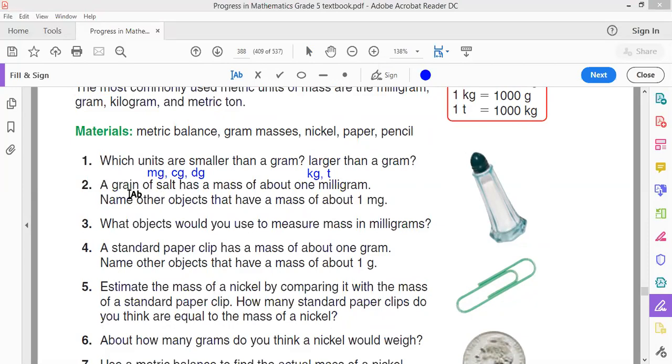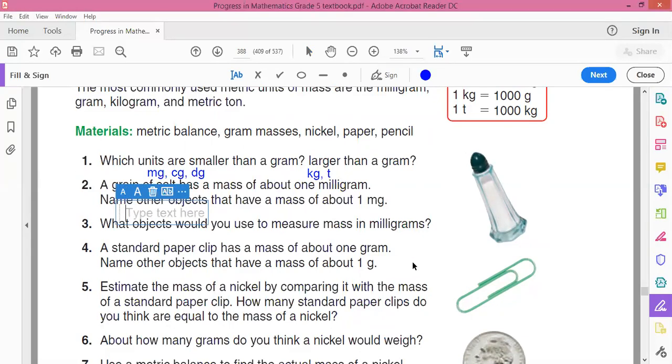It's saying that a grain of salt is about 1 milligram. So tell me any other object whose weight is about 1 milligram. What do you think?